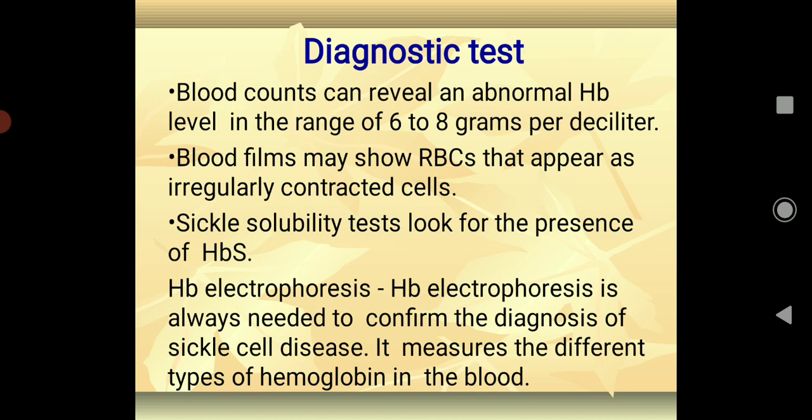Sickle solubility test is also preferred because it looks for the presence of hemoglobin S. Then hemoglobin electrophoresis is always needed for the diagnosis of sickle cell anemia because it measures the different types of hemoglobin present in the blood.